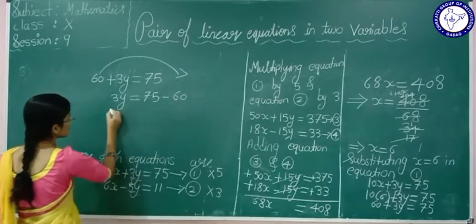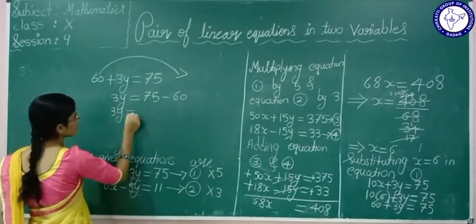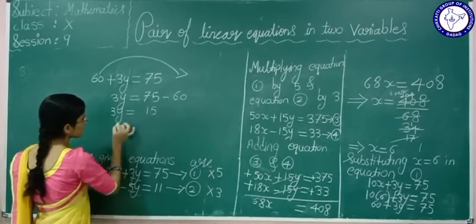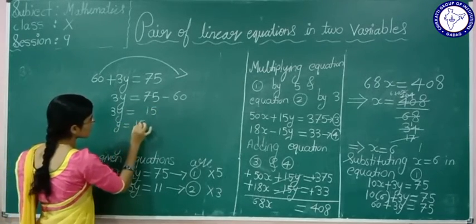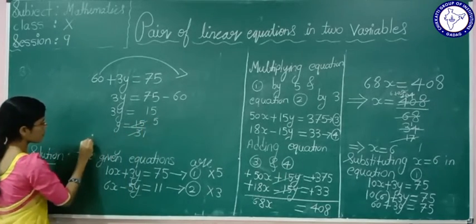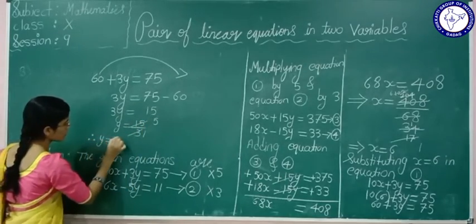Minus 60. Yes or no? 3y is equal to, what is 75 minus 60, students? 15. So y is equal to 15 by 3. 3 1s are 3 5s are. Therefore y is equal to 5.